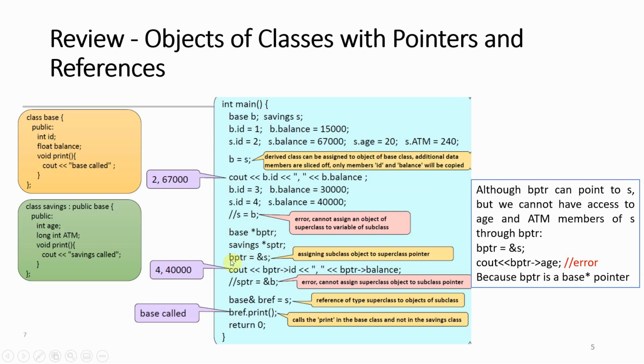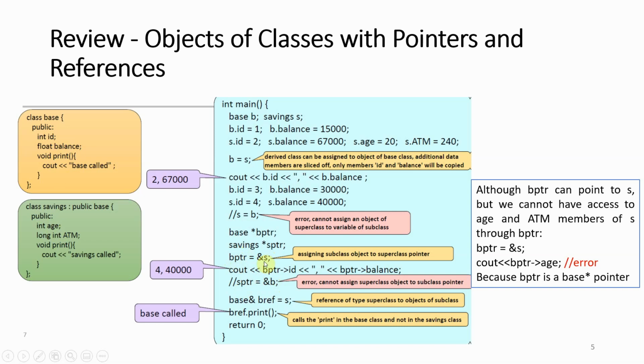It means that it's going to point to an object of class savings. The base pointer can point to an object of class savings because this object has everything that base objects do. It has ID and balance, right? So this is a valid operation. However, SPTR equal to address of B is not a valid operation.